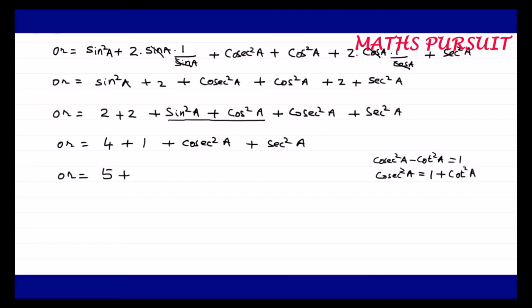Is it clear? We got cosec square a minus cot square a is equal to 1. This is one of the identities that we very well know. So from that I can write cosec square a is equal to 1 plus cot square a.